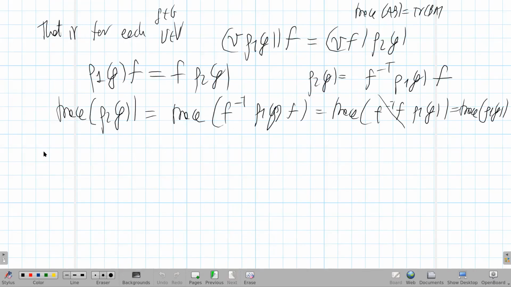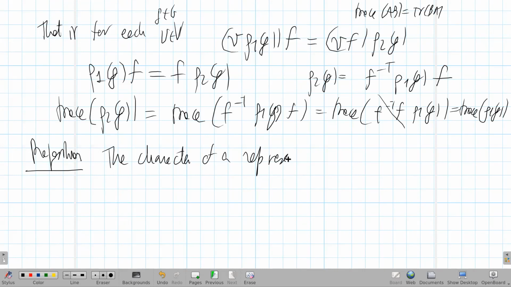So what we have seen is this proposition: the character of a representation only depends on the isomorphism type of the representation.